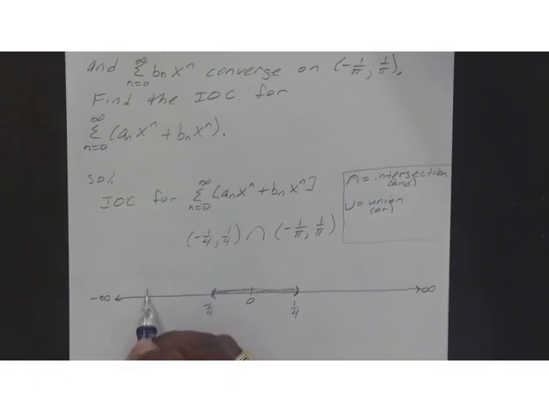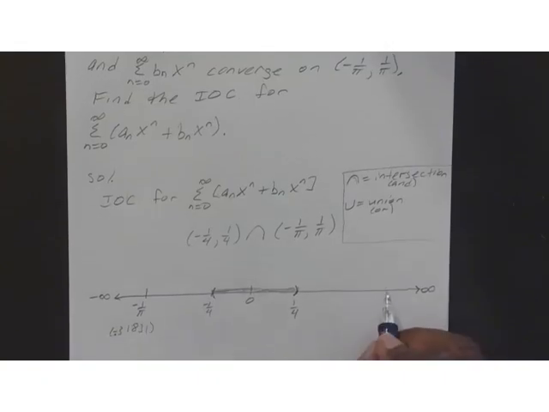Okay. Now, if we take negative 1 over pi, plug that into a calculator, you get negative 0.31831. Plug positive 1 over pi into your calculator, you get positive 0.31831.